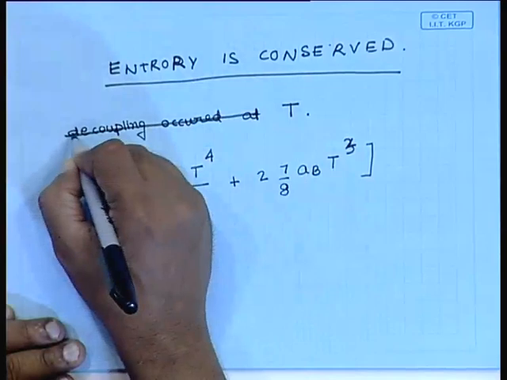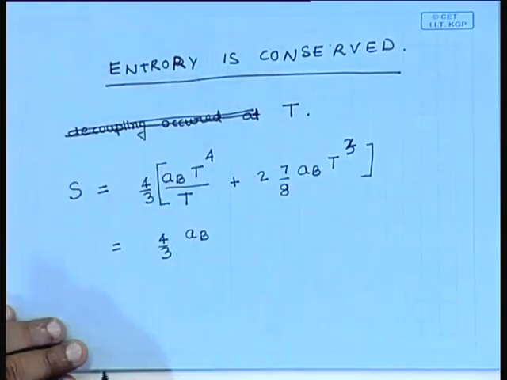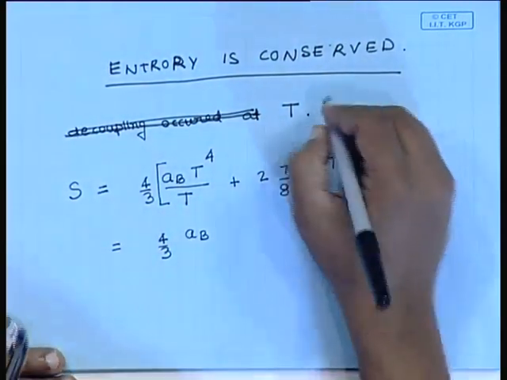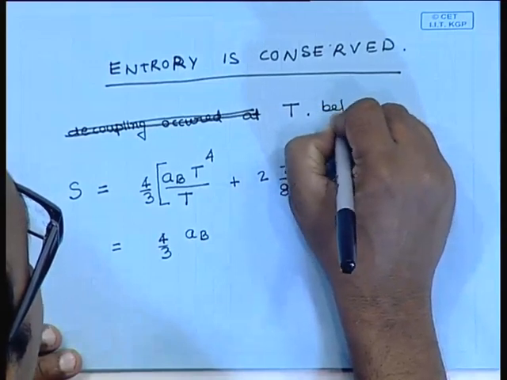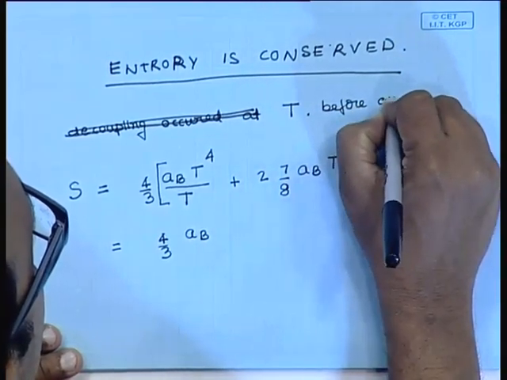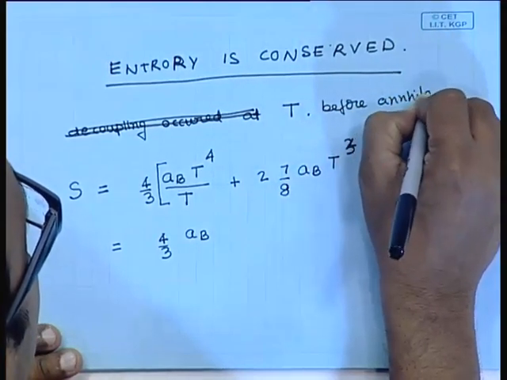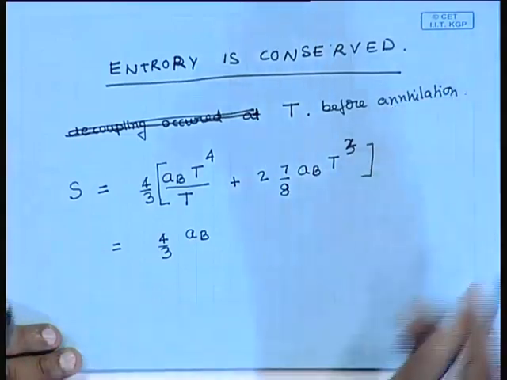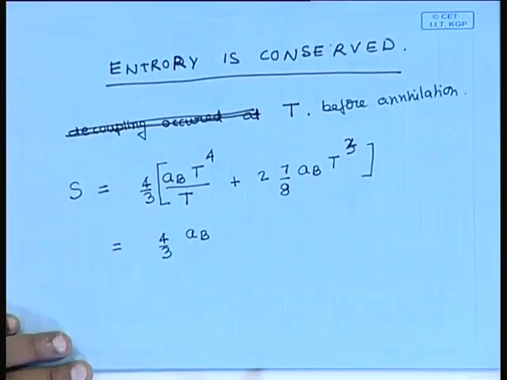Let us take this. Please ignore this thing which I had said. Let us take a temperature which is before annihilation, T. Okay. So before annihilation, this is what happens.